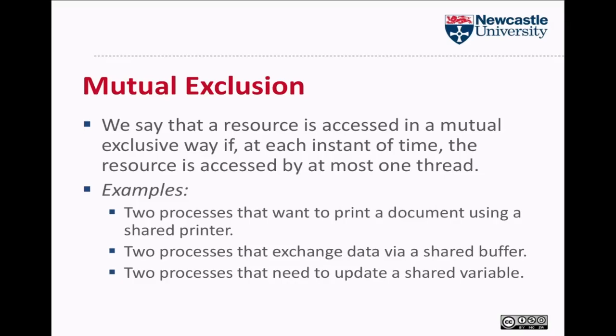Let's suppose you have a shared printer on USB, and two computers are trying to send a printing job. And let's suppose that the driver of the printer is badly designed, so it's not printing one document at a time, but as soon as it has the data, it prints. So you'd have one document being the merge of the two documents, and that is something you want to prevent.